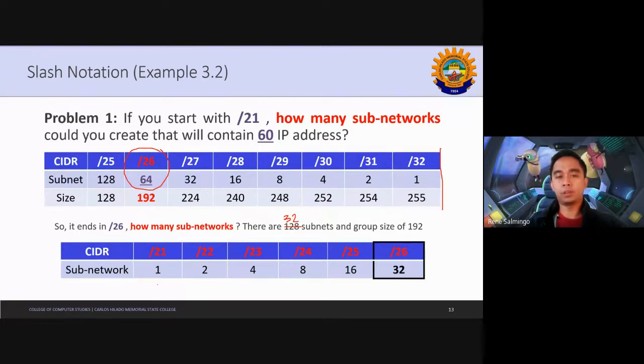If it reaches this point, half of it will be used, so the group size would be 192. This is how we get the group size, based on your needs. If you need 60 IP addresses, you'll have a group size of 192 to be able to use from /21 to /26. So any questions on this example?